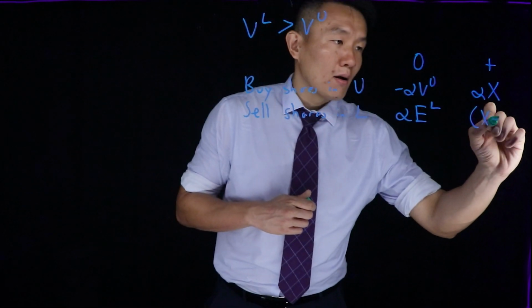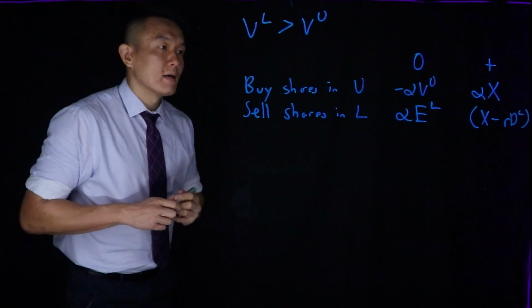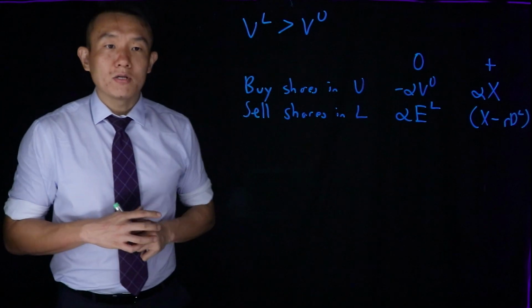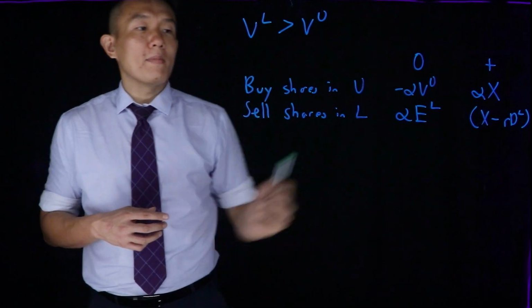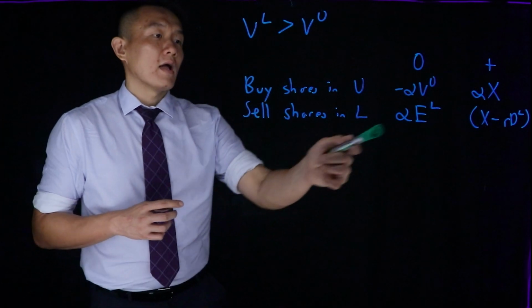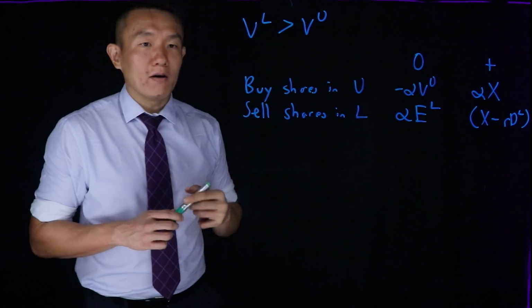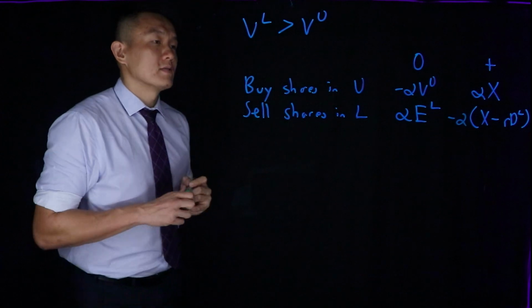So X minus R times DL. R times DL is how much interest it has to pay to its debt holders, and then the remaining amount is allocated towards shareholders. If I'm shorting a stake of alpha, I'm going to have to be paying alpha times that amount.